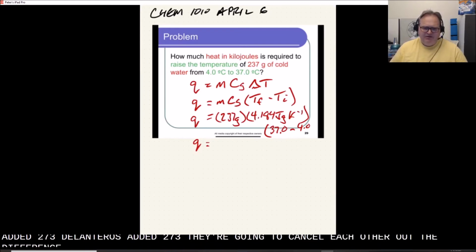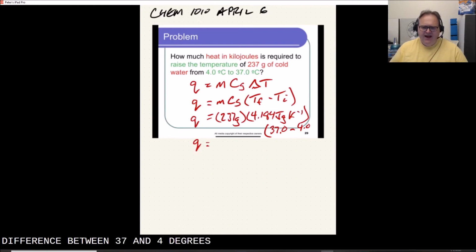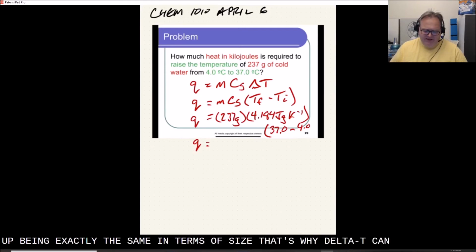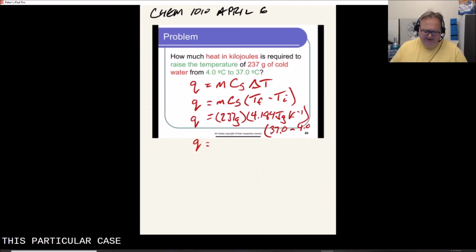The difference between 37 and 4 degrees and 310 and 277 Kelvin is going to end up being exactly the same in size. That's why delta T can be done in this particular case in degrees Celsius, which means I could change this to degrees Celsius here, I'd be fine. Do that here. Here we go.